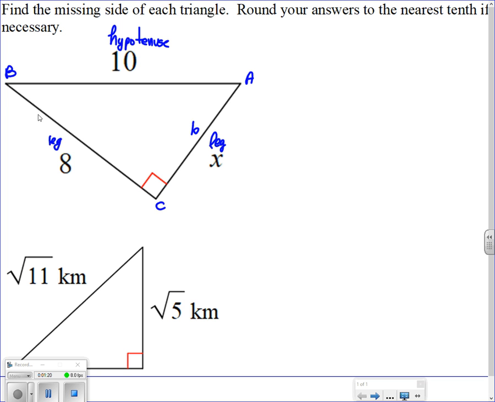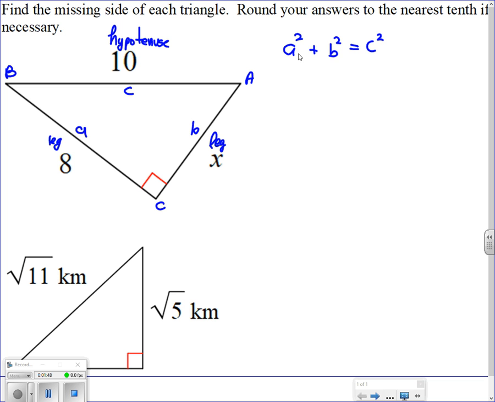This one, the angle opposite, will be lowercase a. And likewise, this will be lowercase c. Now, the Pythagorean theorem relates all the sides, and it says the following: a squared, a leg, plus b squared, the other leg, is equal to c squared, the hypotenuse.